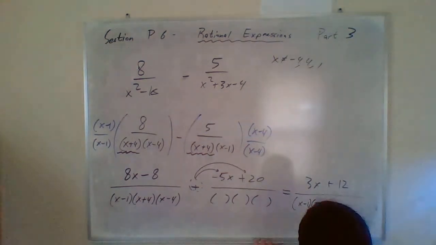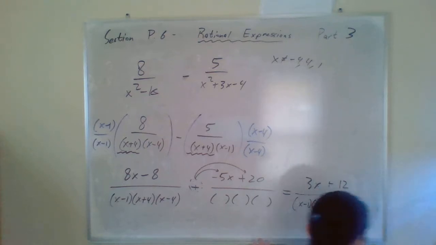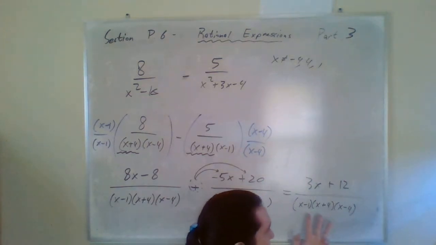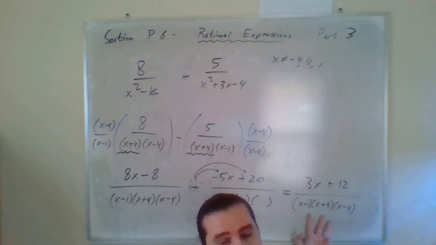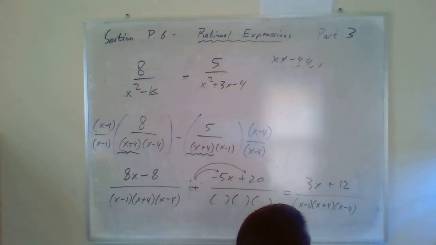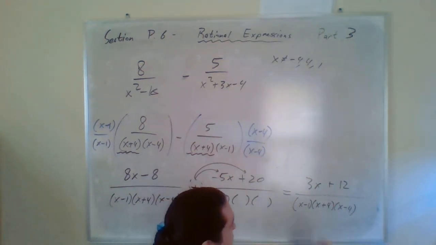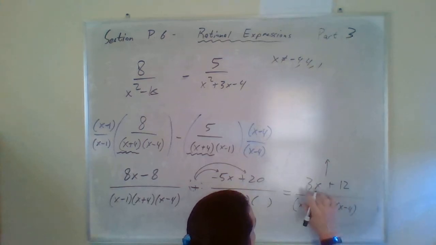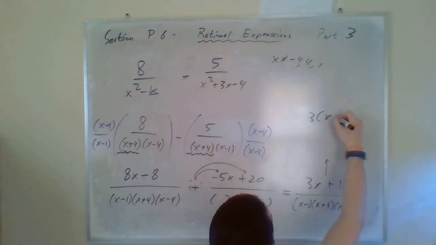X minus 1, x plus 4, and x minus 4. The reason I'm keeping the bottom factored like this is because there might be more to do after you add things. And in this problem there is. 3x plus 12 is the same as 3 times x plus 4.